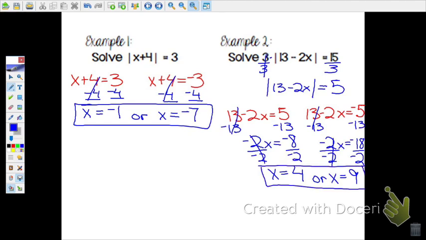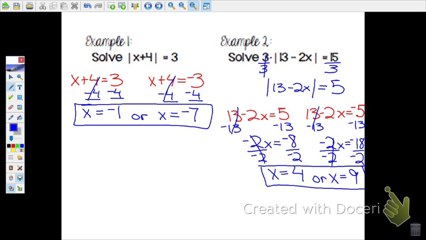And then we're going to do our check. If I put 4 in place of x, 2 times 4 is 8. 13 minus 8 is 5. 5 times 3 is 15.